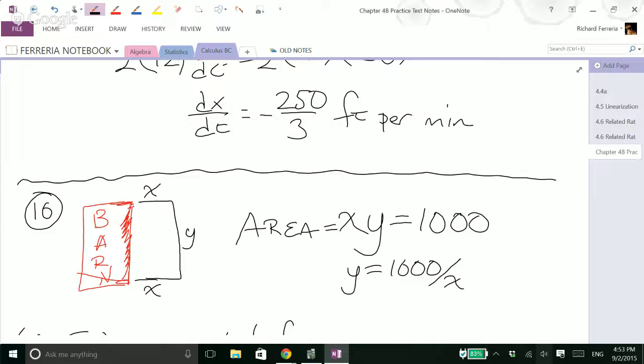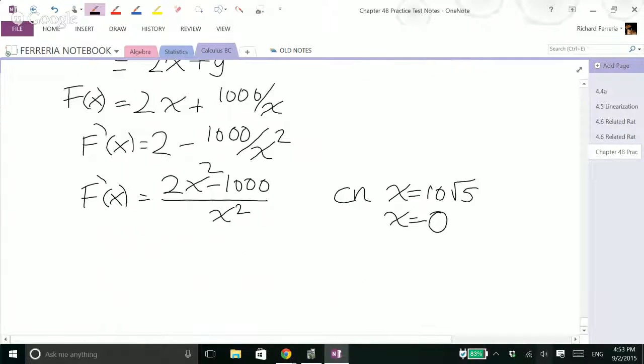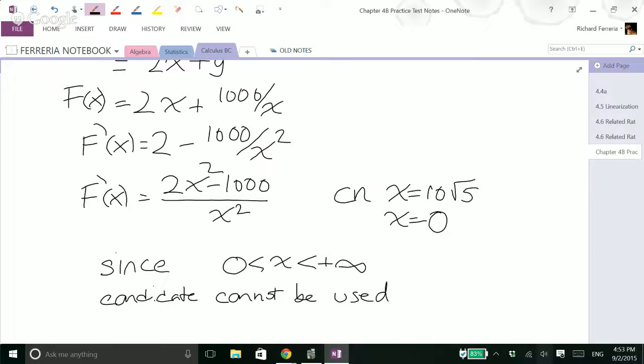Okay, so we'll use the first derivative test. Since x is between 0 and infinity, we cannot use the candidate test. You can only use a candidate test if you have a finite interval.